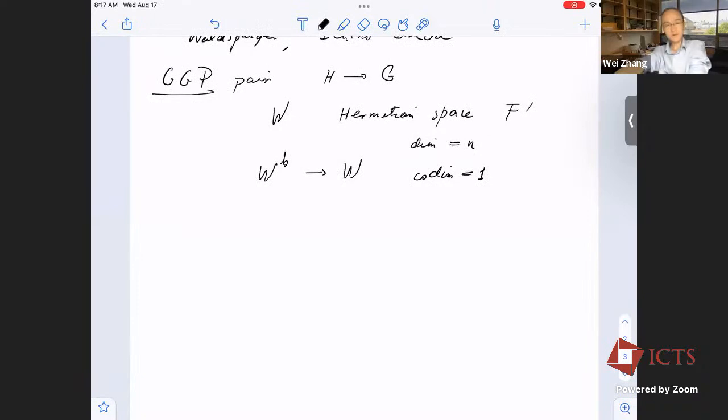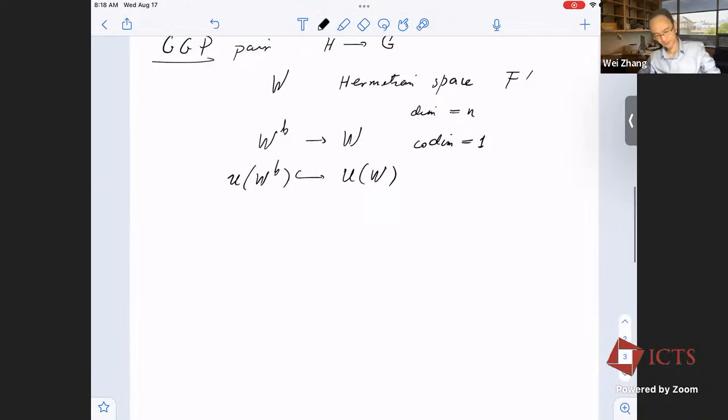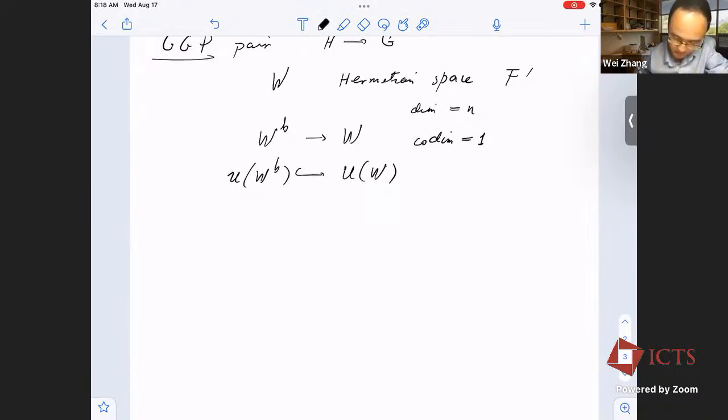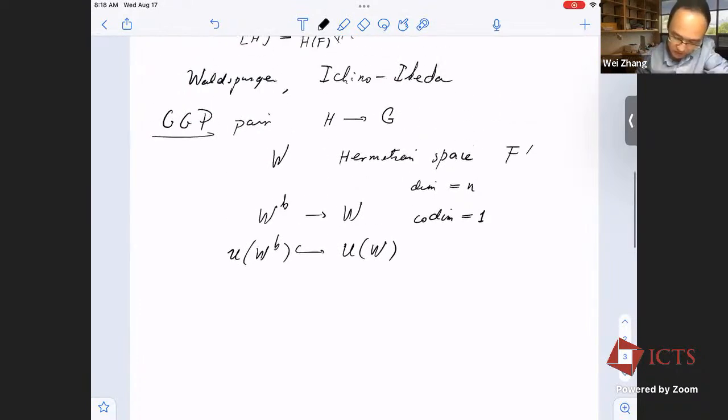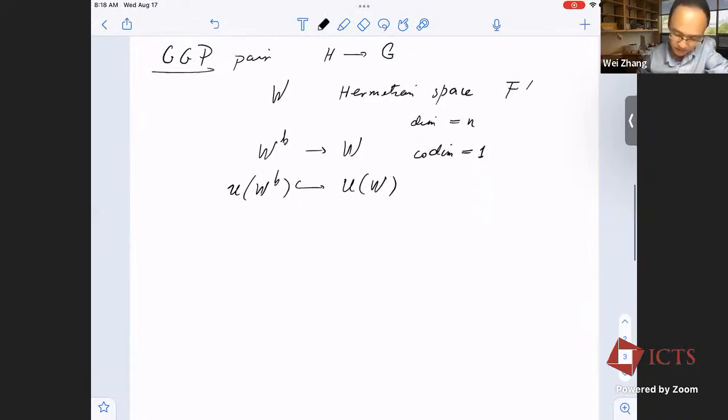From this embedding, I can form an embedding of a unitary group. Let me write U of W flat and U of W, both unitary groups. That's the group I consider, but actually this is not exactly H and G. In fact, the embedding of H inside of G is the graph of this embedding.